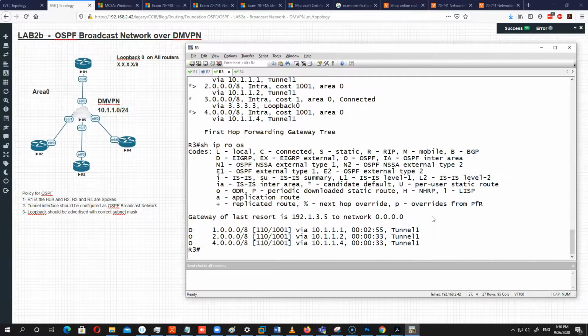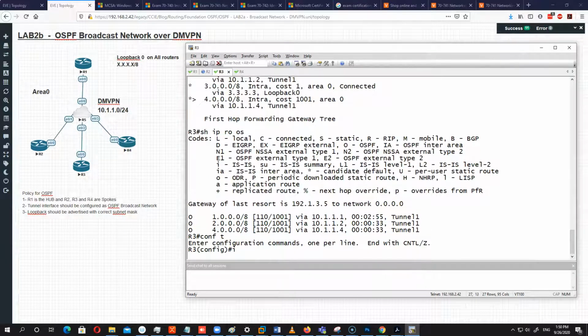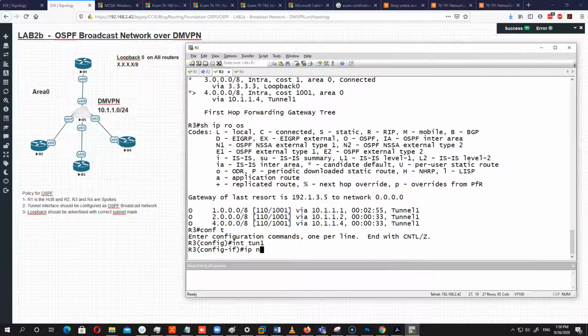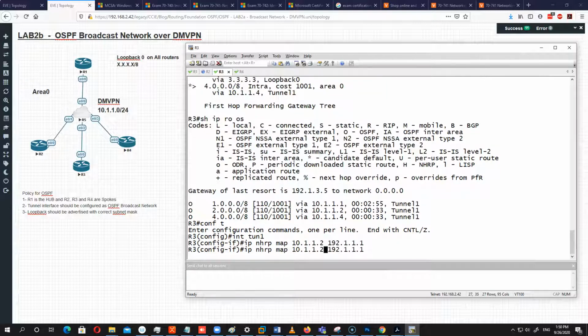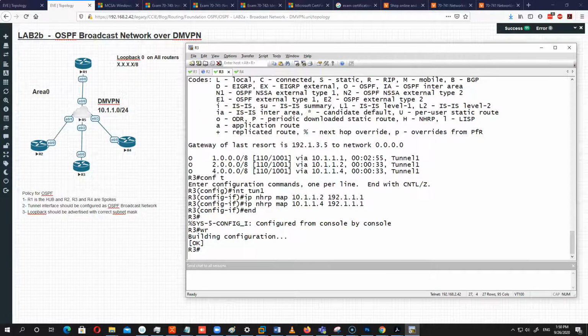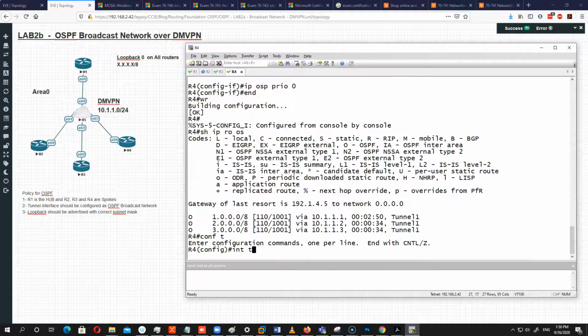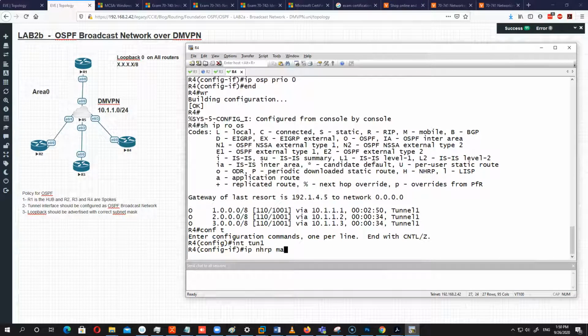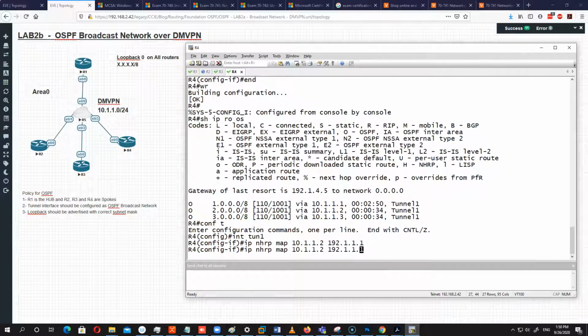So I have to go on to 3 and tell him that, you know what, your 10.1.1.2, you have to send it to router 1, and for 4, you have to send it to router 1, and same way I have to do it on router 4, that if you want to go to 10.1.1.2, you have to send it to router 1, and same for 3.